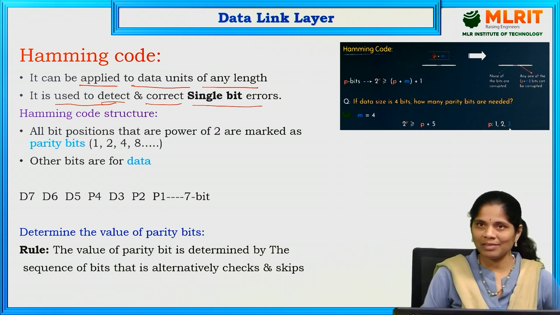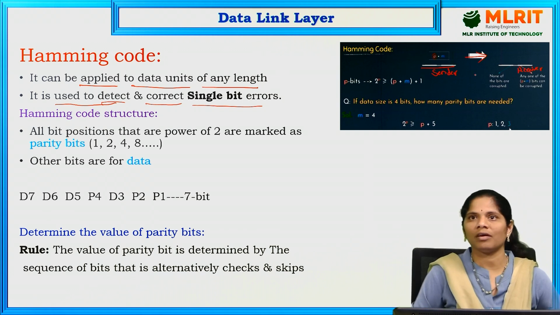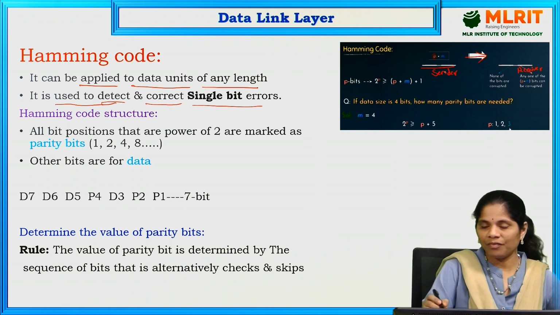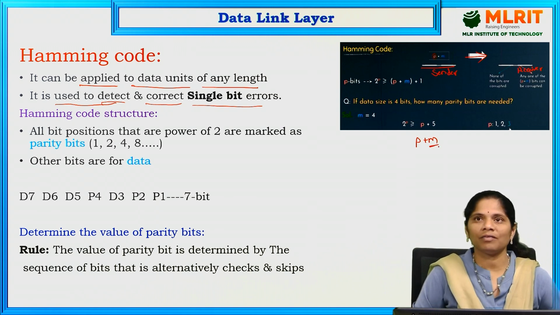Here we see the sender and the receiver. We are sending the data through this communication channel. When sending data, what we send is P plus M. M is the original data, the data you want to send.